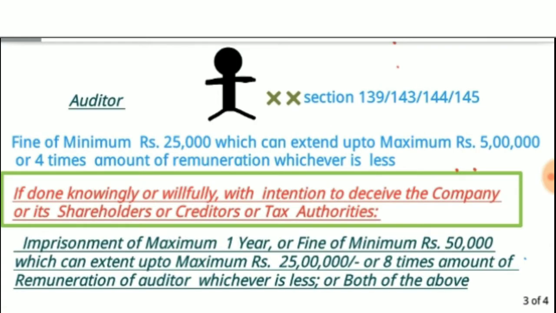Now we covered the punishment for contravention that was applicable to the company and defaulting officer. Next is the auditor.